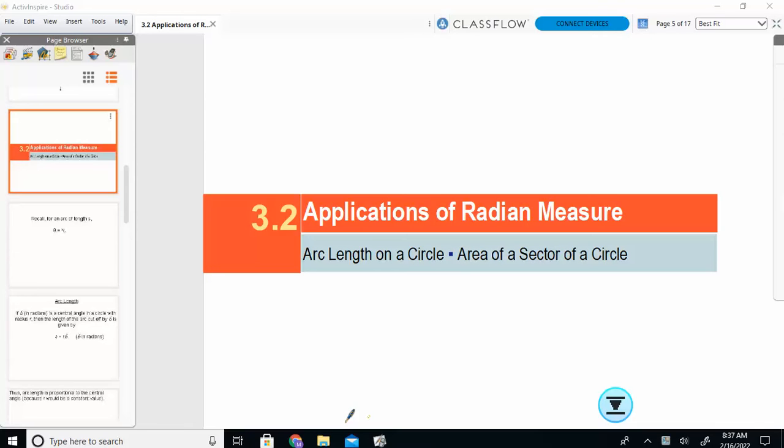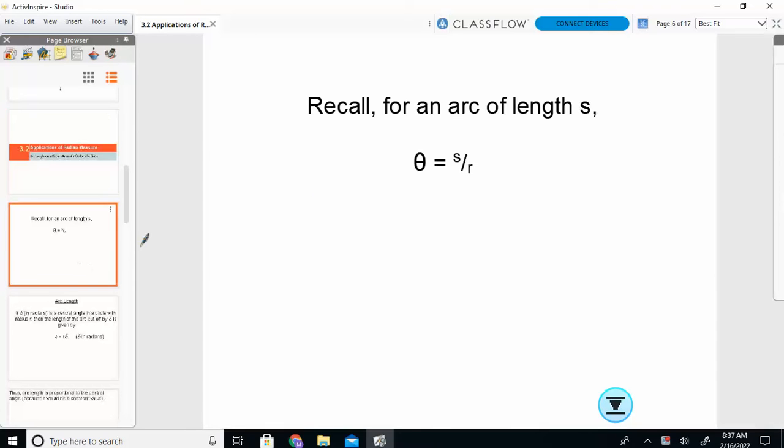Going to take us into a lot of different calculations we can do with radian measure. We're going to have more later on in this chapter. But what we already know, what we were using yesterday, I told you that in radian measure, your angle is equal to arc length divided by radius.